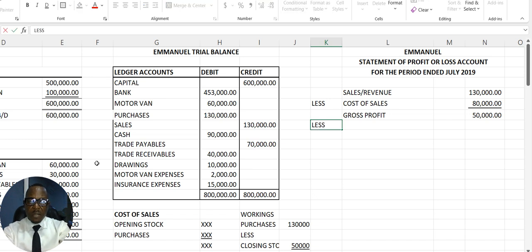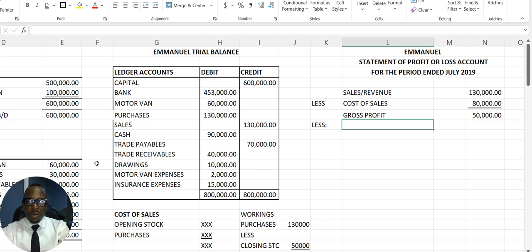Now, after removing your gross profit, you now less other expenses, let's say admin expenses, administrative expenses. Admin expenses include what? You have your motor van expenses.